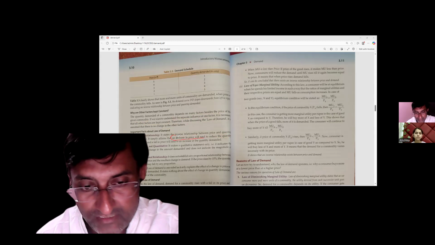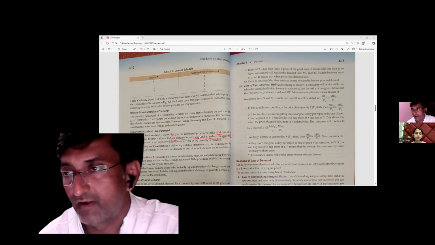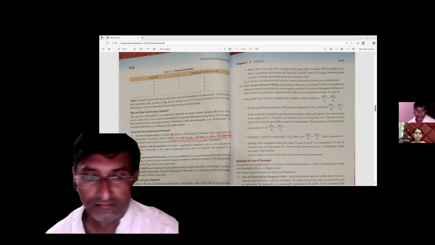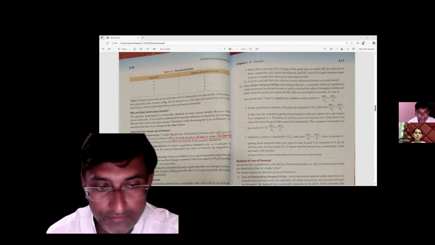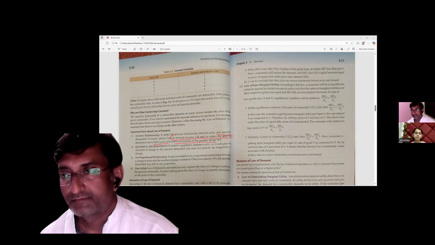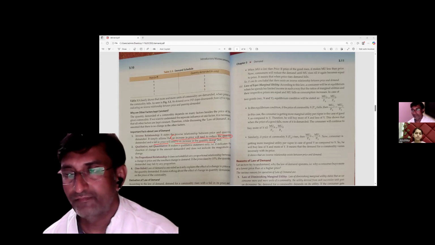When the price of the commodity increases, it tends to reduce the quantity demanded, because when price increases, demand falls. That is called the inverse relationship between quantity and price. As well, if price falls, it will lead to an increase in the quantity demanded.